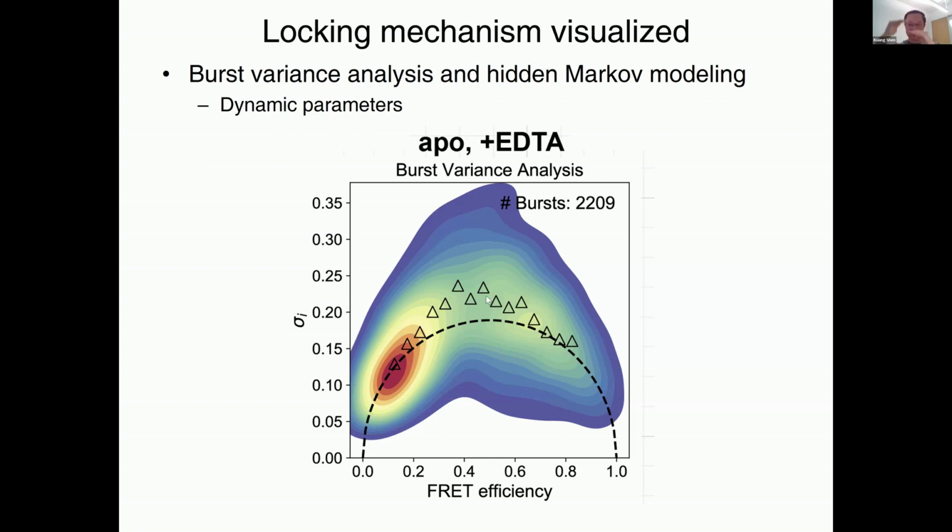So the more difference you see between the experimental data and the theoretical limit, the more dynamic that population is. As you can see here in the mid and high FRET populations, there's a significant deviation from the theoretical value, suggesting that the medium and high FRET states here are not very stable. So they have a lot of dynamics inside, and the Rags are really, really dynamic in here.